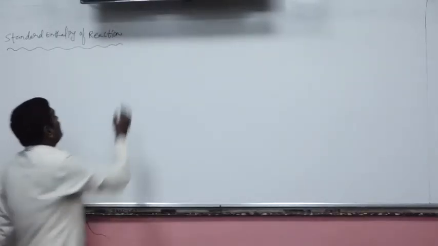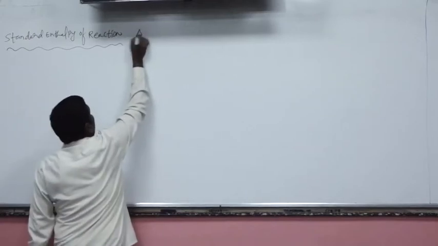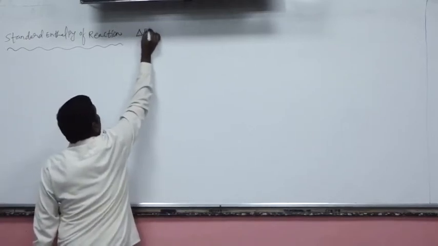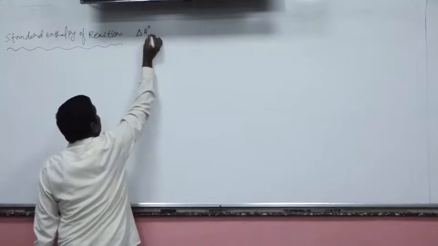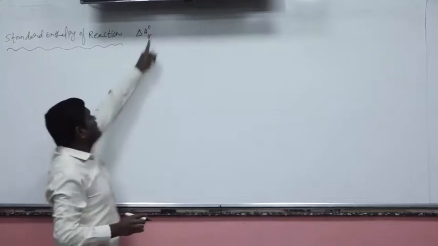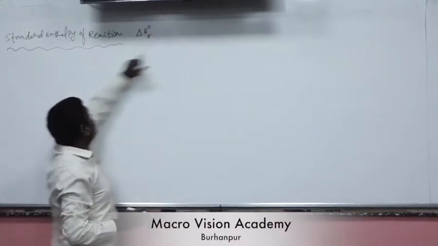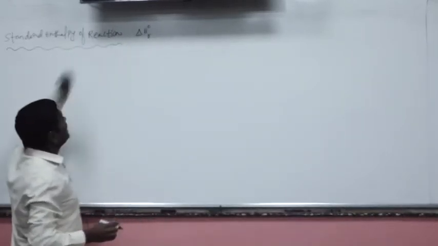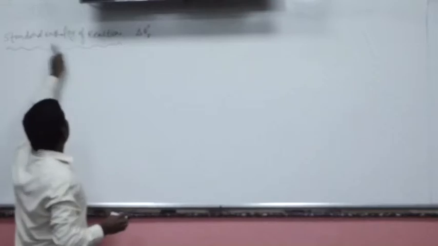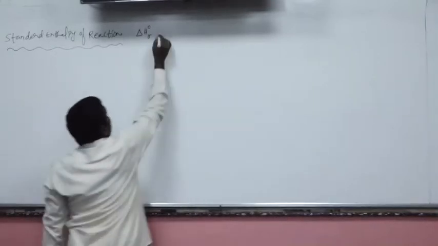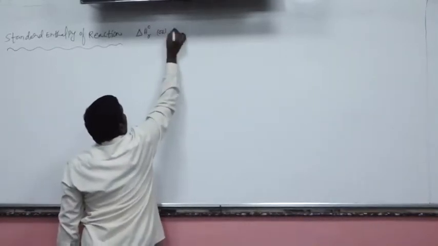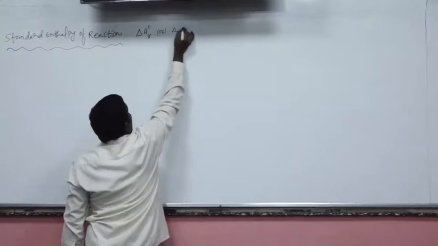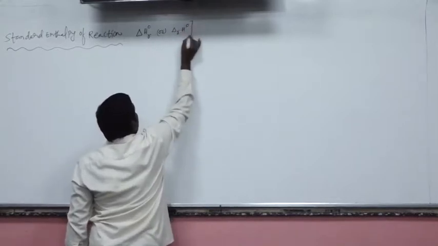Standard enthalpy of reaction is represented by delta H naught R. Here the superscript 0 corresponds to standard condition, R corresponds to reaction, and delta H corresponds to enthalpy. It is also written as delta R H naught.